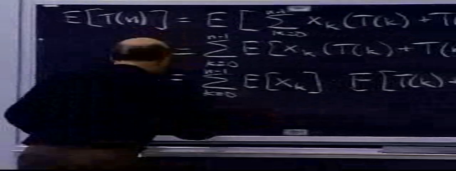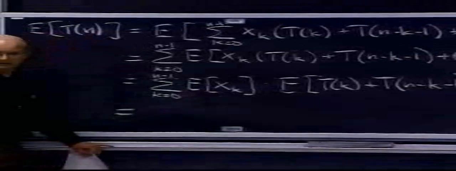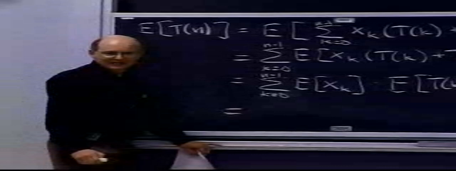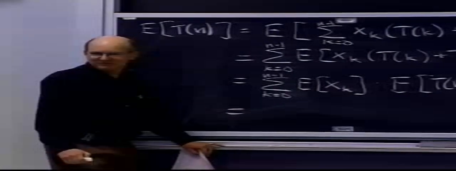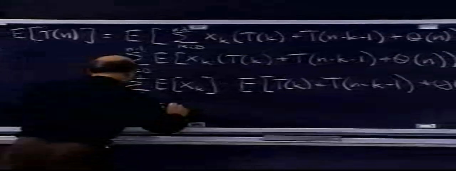Now we know what the expectation of X sub k is. I almost gave it away. What is it? 1 over n. So we can pull that out. That's 1 over n times the sum of the expectation of T of k, times 2 I'm going to leave off the indices because it's getting messy.